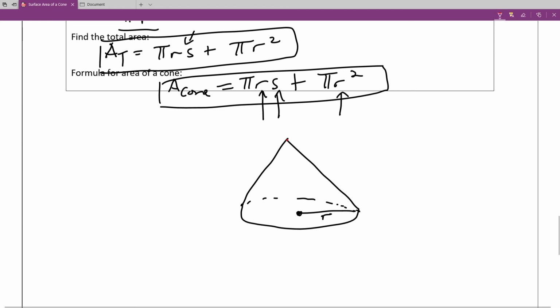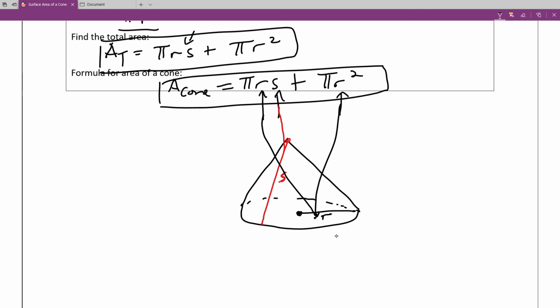It's the distance from the top of the cone to the edge of the circle of the cone, and this is s. And r is the radius here, and this radius r is the same as this.